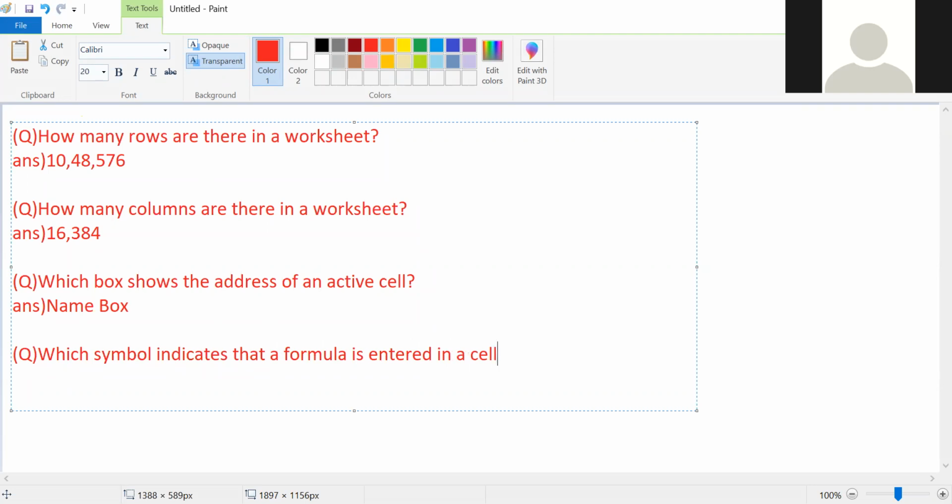The right answer is the equal to symbol. Very good, Ayushi. The right answer is the equal to symbol.